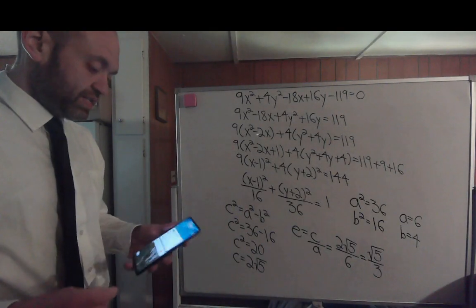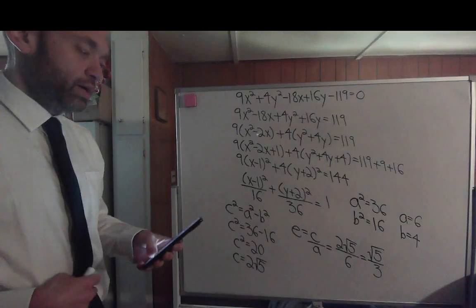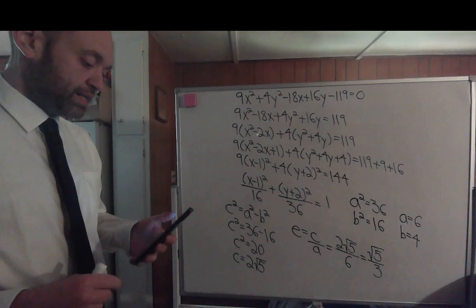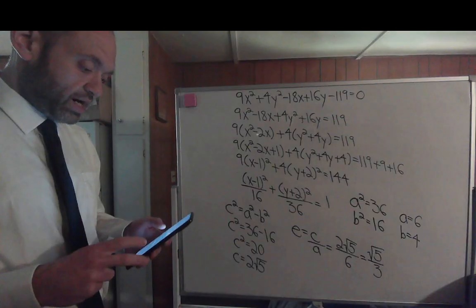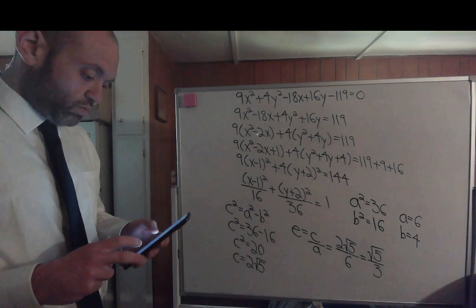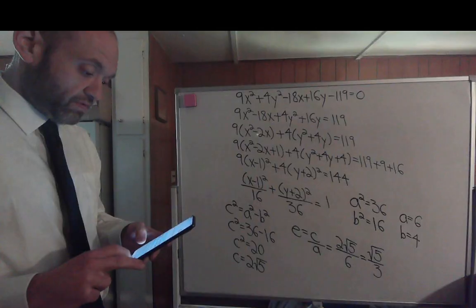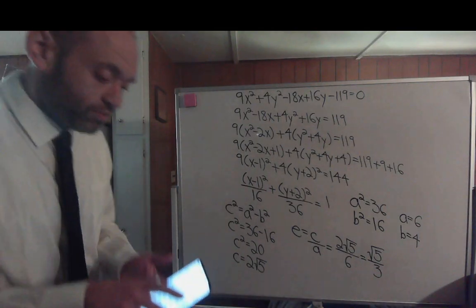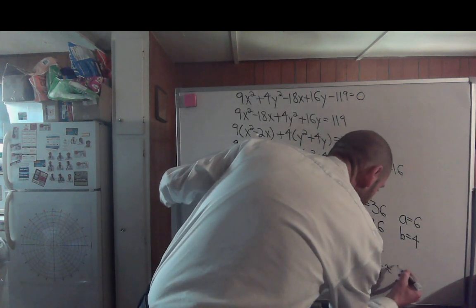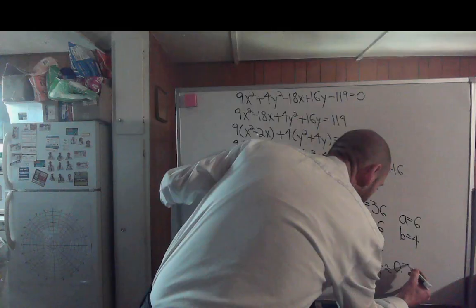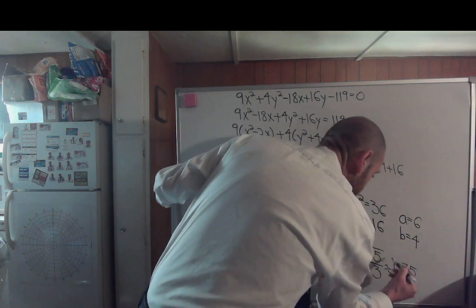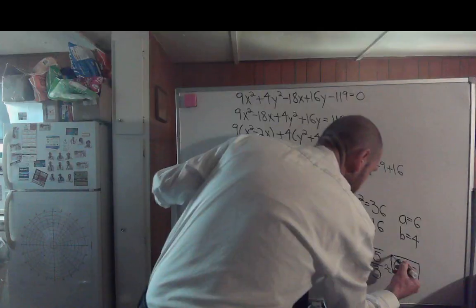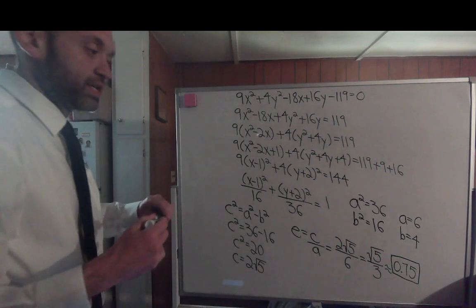We can clearly see it's going to be less than 1 and greater than 0, but let's get a decimal approximation. What is the square root of 5? All right, let's take that divided by 3. You get an eccentricity of approximately 0.75. Usually when they ask for the eccentricity, they're going to want it to 2 or 3 decimal places.